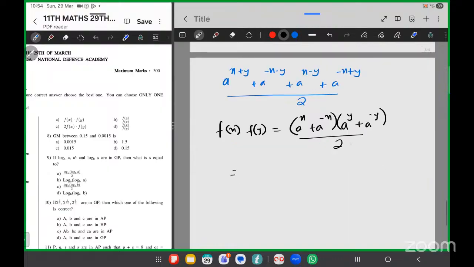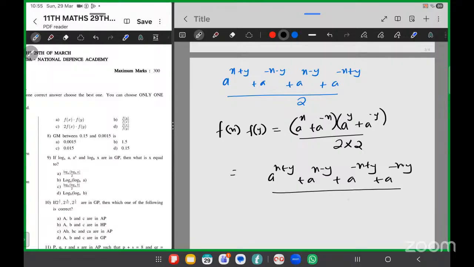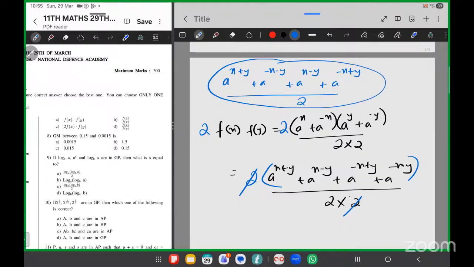So by into 2, it will become a raised to x plus y plus a raised to x minus y plus a raised to minus x plus y plus a raised to minus x minus y divided by 2 into 2. If you multiply with a 2 in the numerator, this 2 and 2 can cut. So you will be able to get this answer. That means the correct option is option C.